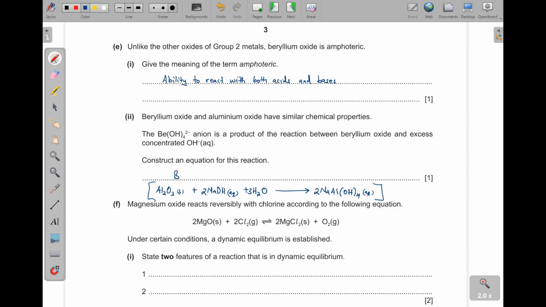This is beryllium oxide, then plus OH, okay, then we shall add water, just like here, and then we get this berylate. This one would have been sodium berylate if this is sodium aluminate.